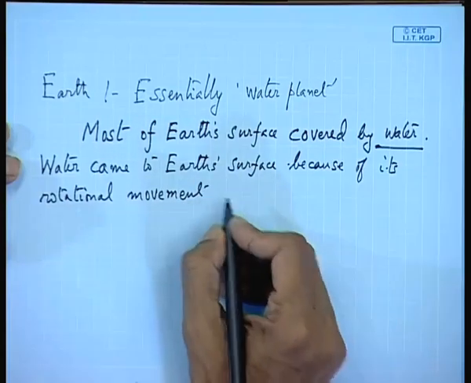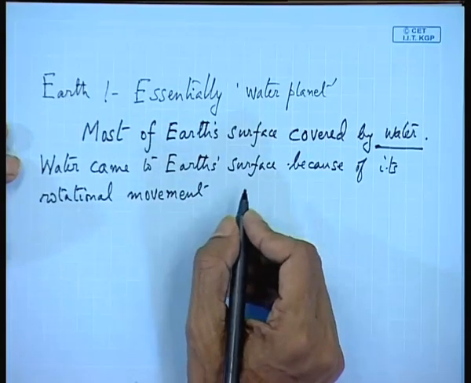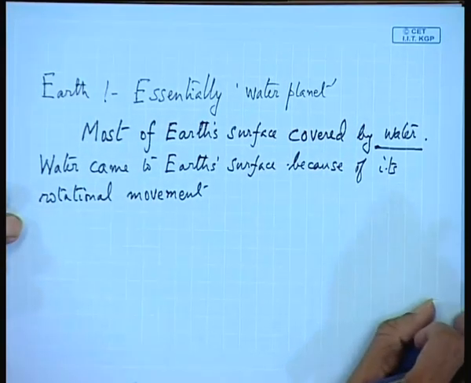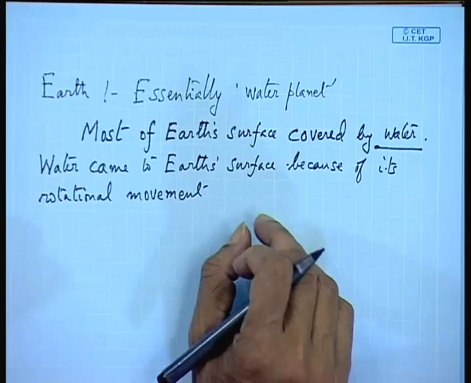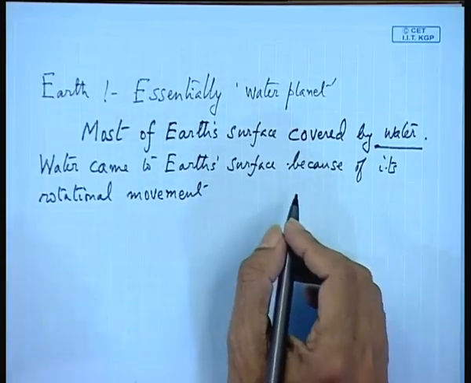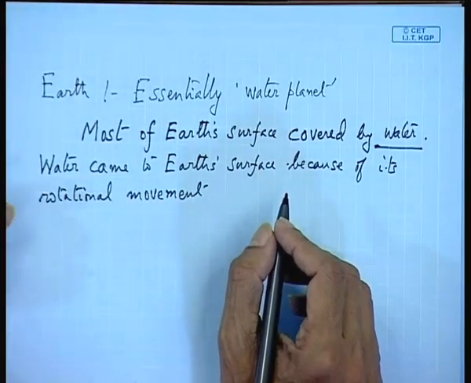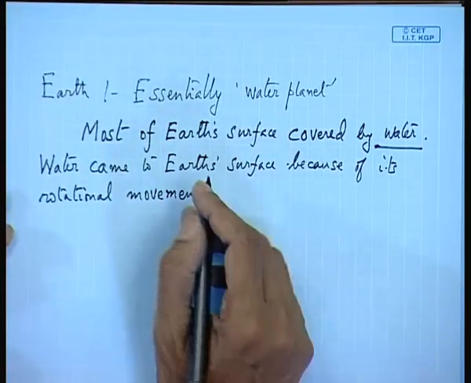And water, as you know, being lighter than the soil or the rocks which make up the earth, started floating on the crust of the earth and came to the surface.